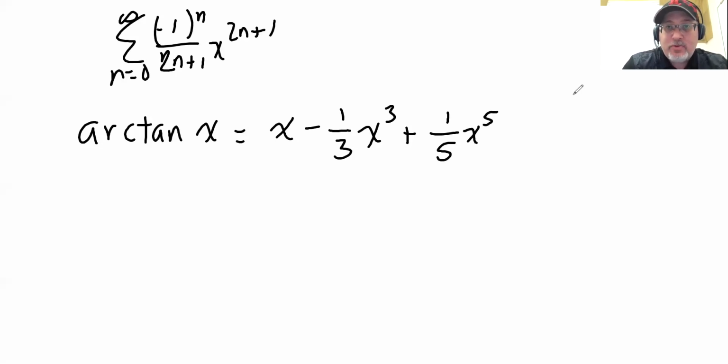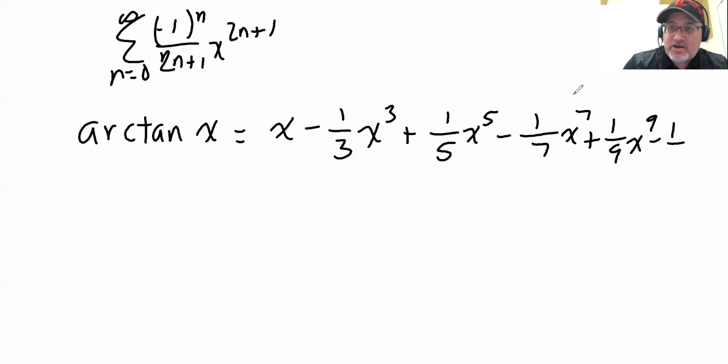When n is equal to 3, you get negative 1 over 7 x to the seventh. And now you see the pattern emerging. Plus 1/9 x to the 9th, minus 1/11 x to the 11th, and so on and so forth.